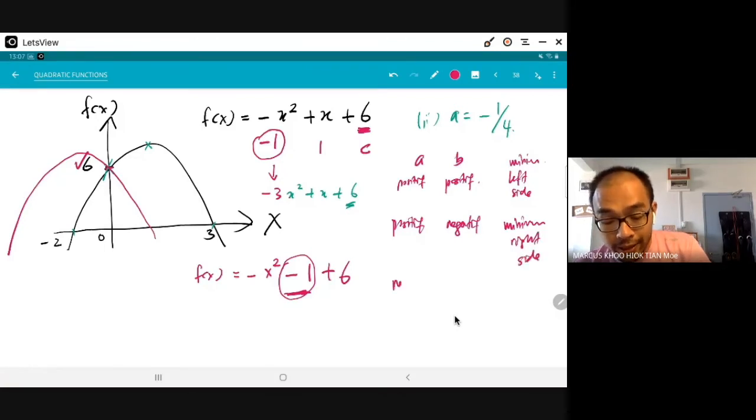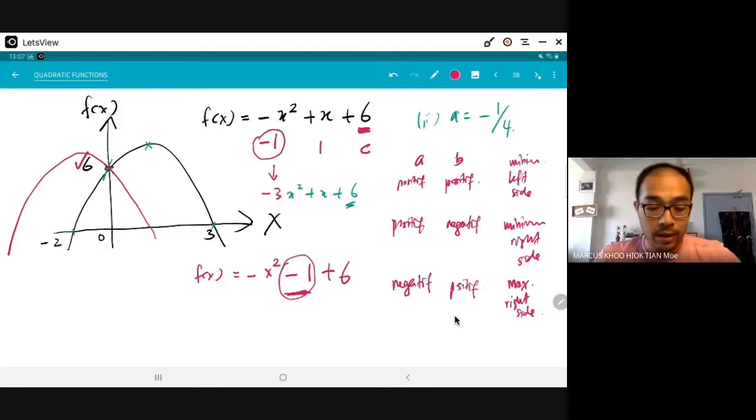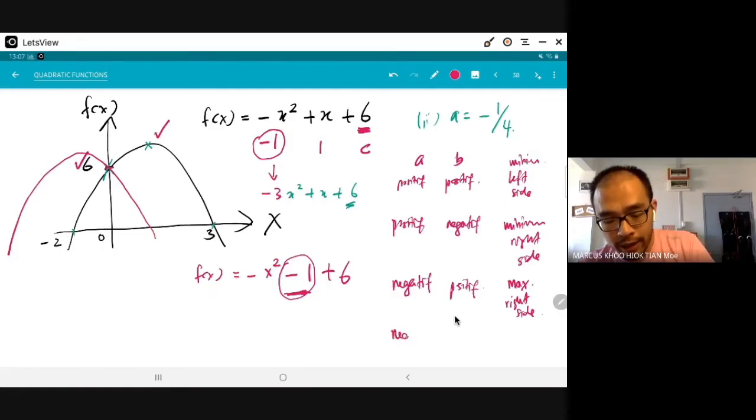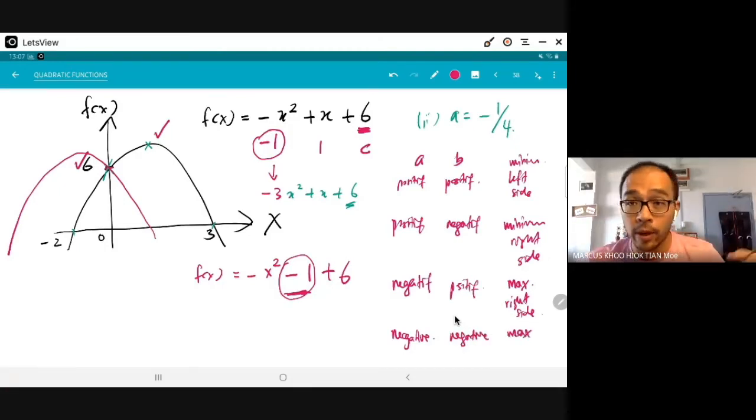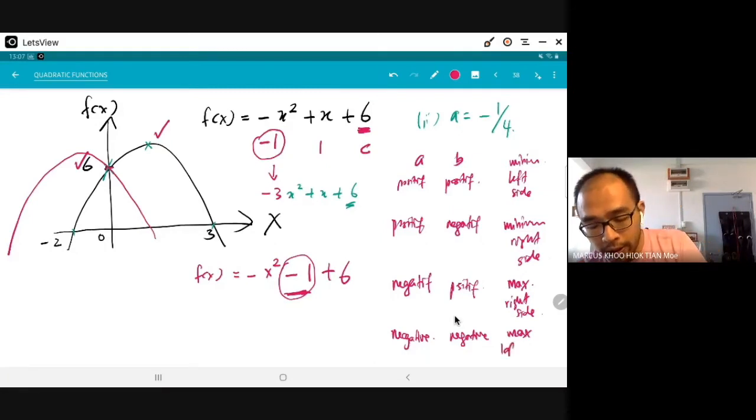Kalau A negatif macam ni, okay, if A is negative like in this case, B is positive, dia adalah maximum graph on the right side. Okay, seperti inilah, seperti yang warna hitam ini. Okay, and lastly, if A is negative and B is negative, okay, dia adalah satu graph maximum, macam yang warna merah sekarang, tetapi on the left side.